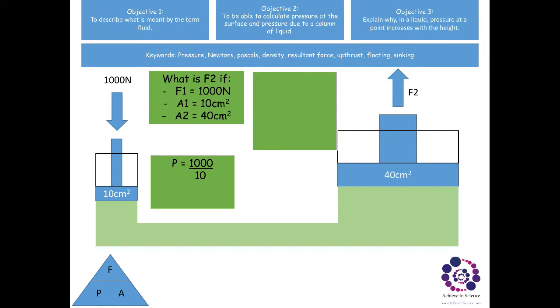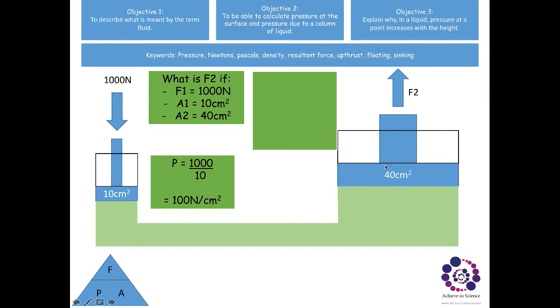I don't have to change it because the area of piston 1 is measured in centimeters squared, which is exactly the same as the measurement of piston 2. Therefore, if we do 1000 divided by 10, we come out with the answer of a pressure of 100 newtons per centimeter squared. Now, if the pressure here is 100 newtons per centimeter squared, it is throughout that liquid.